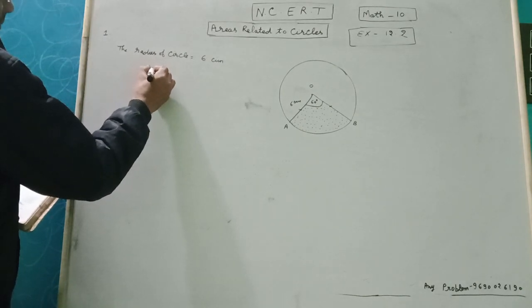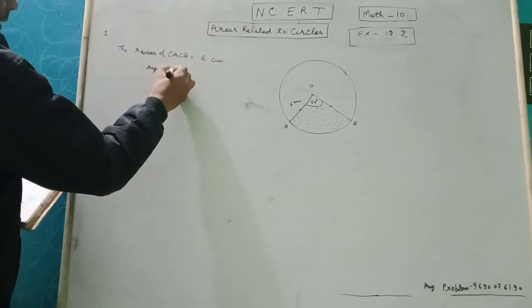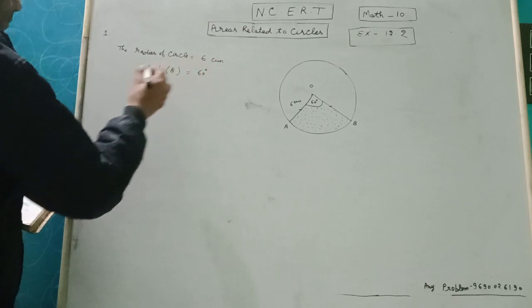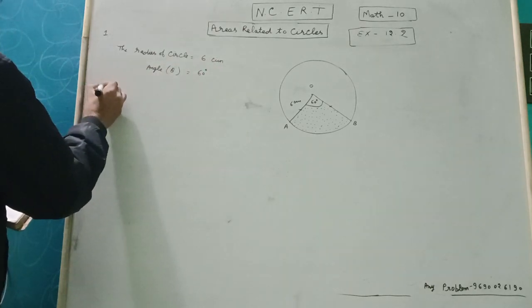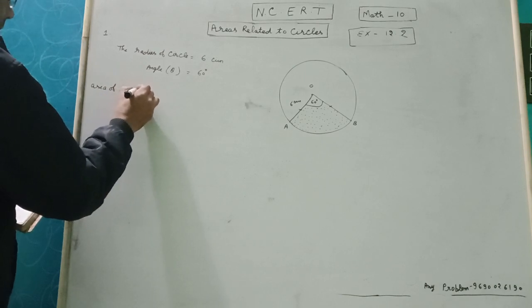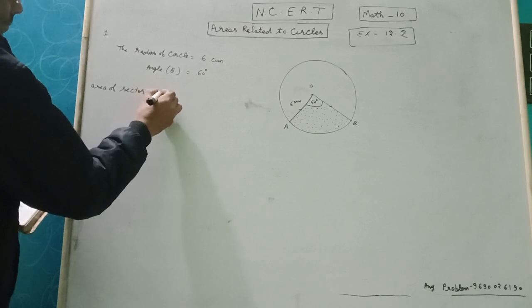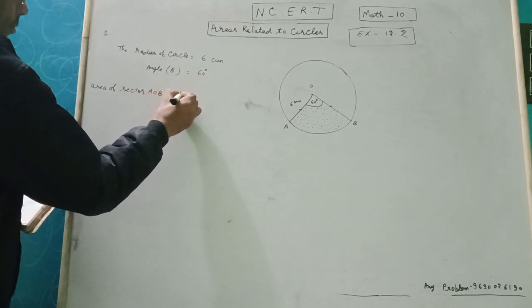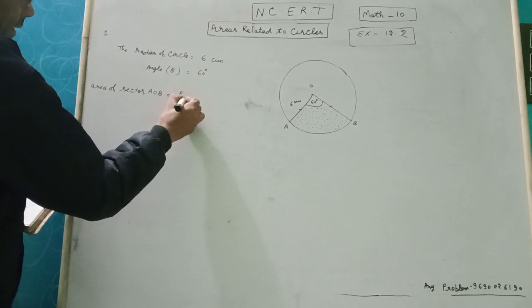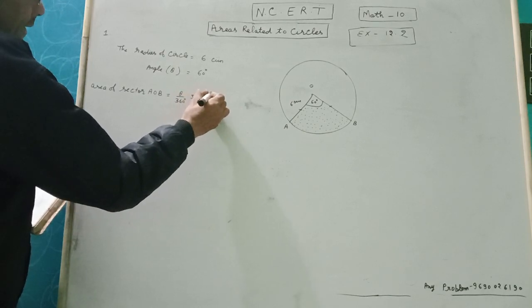Angle theta is equal to 60 degrees. Area of sector AOB is equal to theta upon 360 pi r square, that is the formula.